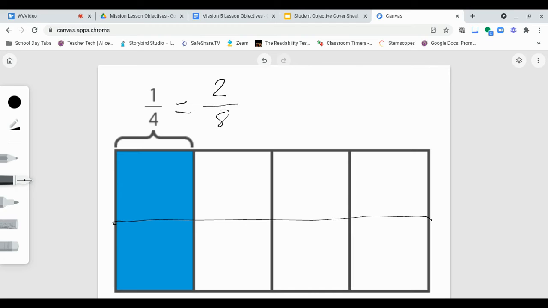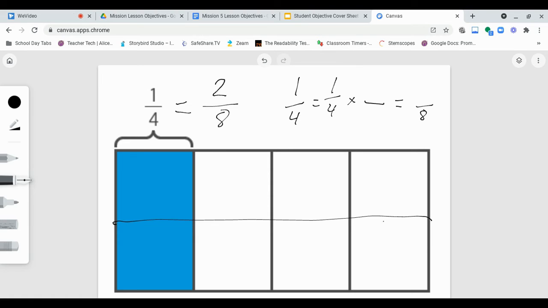Now, how can we also show that using multiplication? Because you're going to be doing that in today's lesson. All right. So we want to start off with 1/4, and we want to end up with eighths. So I'm going to show you, I start off with 1/4 times what gives me however many eighths.